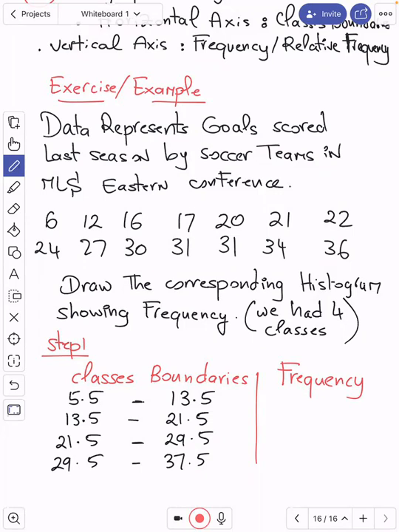For the first class, as you can see, there are 2 values between 5.5 and 13.5. So the frequency of the first class was 2, the frequency of the second class was 4, then we had 3, and finally the frequency of the last class is 5. So this was done again last week.